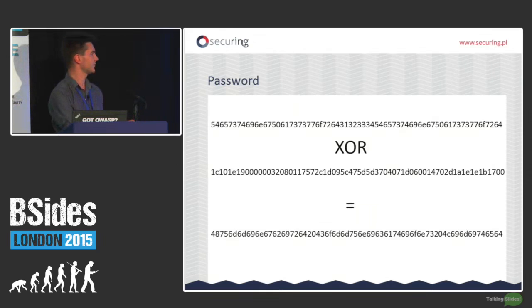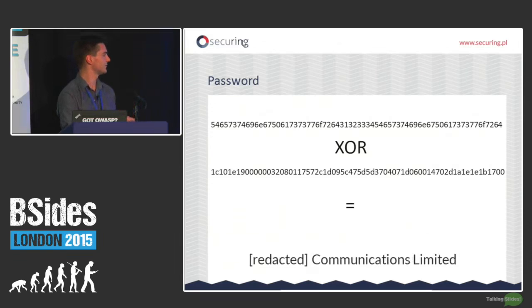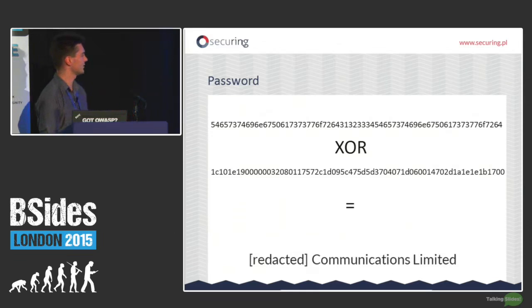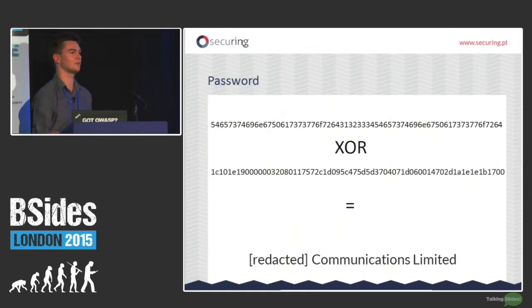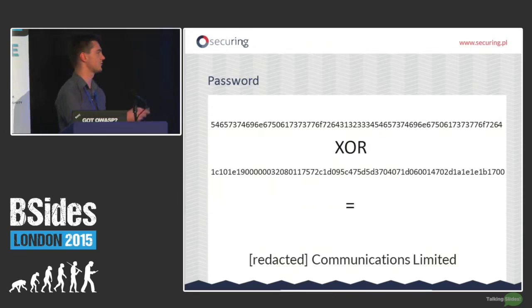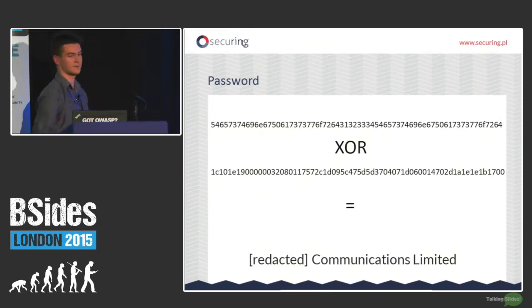But if you XOR the ciphered text with the plain text, you receive the key, which was actually, this is redacted, the name of the company, Communications Limited. And in the binary executable file of this solution, you could actually find this data too. So the password was encoded with XOR and this key.